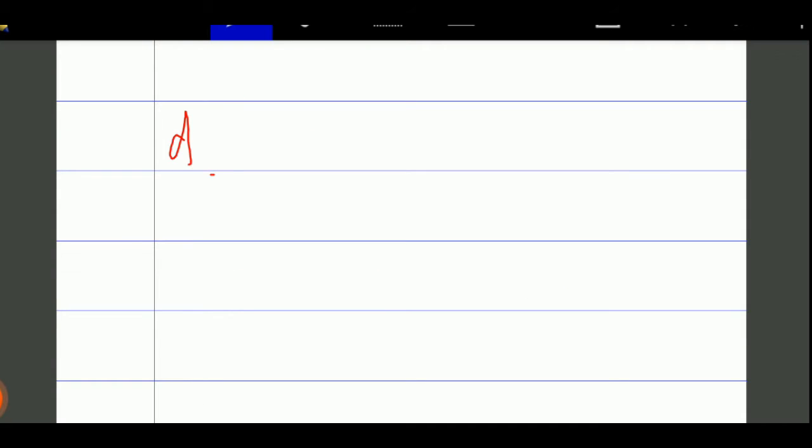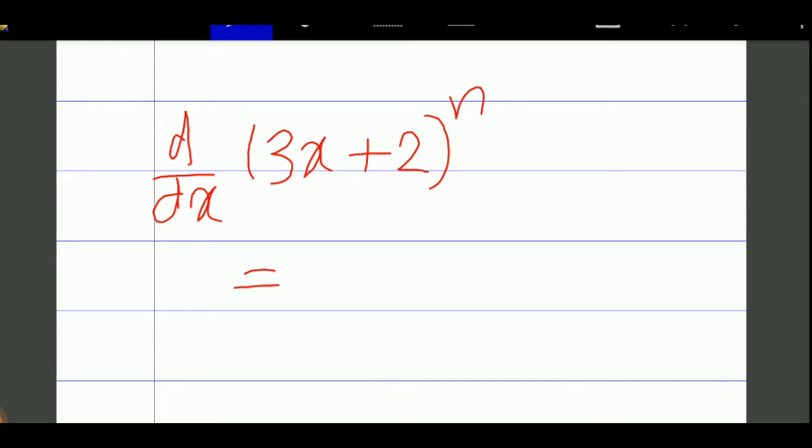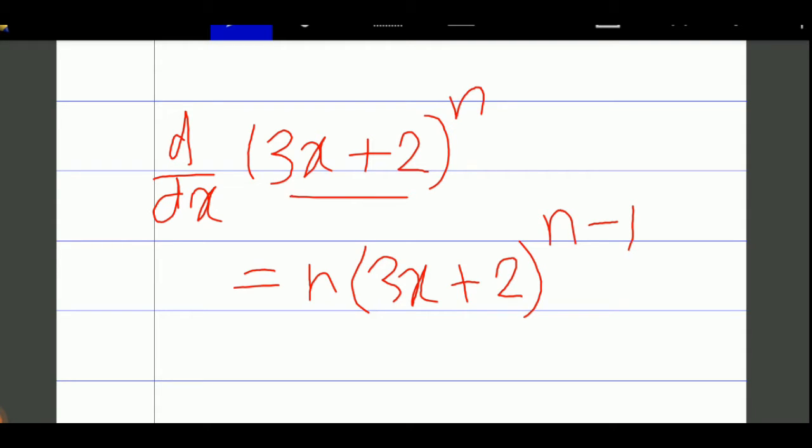So I am going to separately differentiate this first term and then the second term. Differentiation of (3x + 2)^n is n into (3x + 2)^(n-1). Differentiation of this inner part is also used, as we explained earlier in lecture number 2: with an x term, anything multiplied and added also gets differentiated.